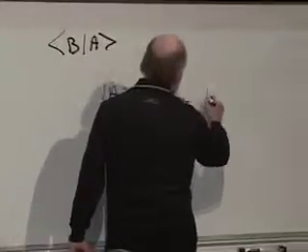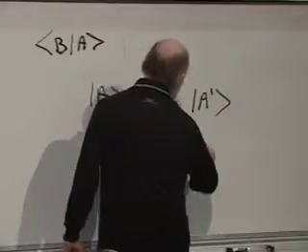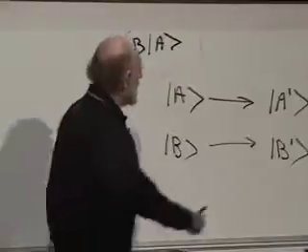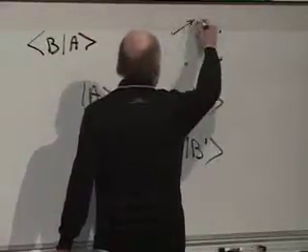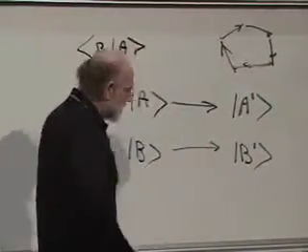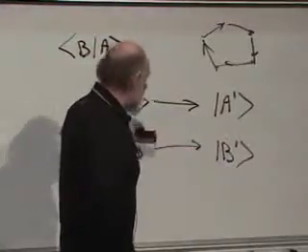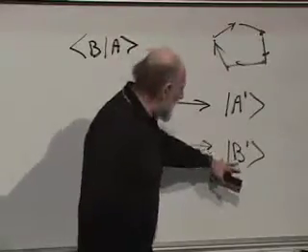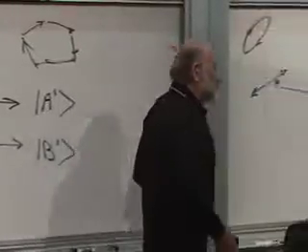A runs to A prime. B runs to B prime. After a certain amount of time, the state vector changes, in precise analogy with the way the state might move around in the space of states in classical reasoning. A goes to A prime. A prime need not be orthogonal to A. It'll just go to something else, A prime. And at the same time, B, if we started the system with B, it would go to B prime.